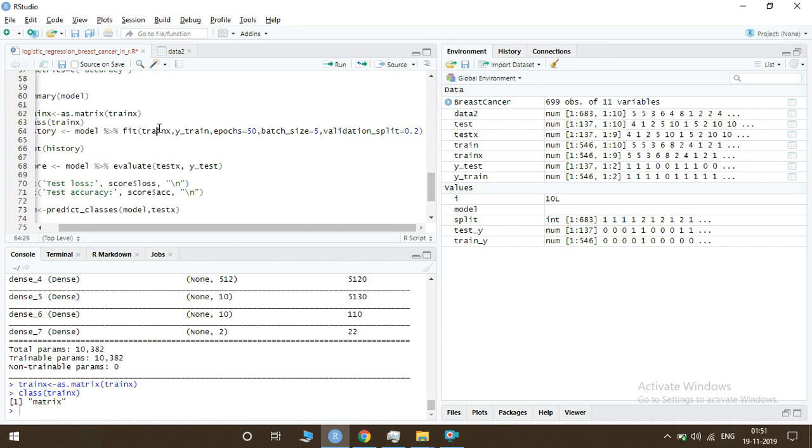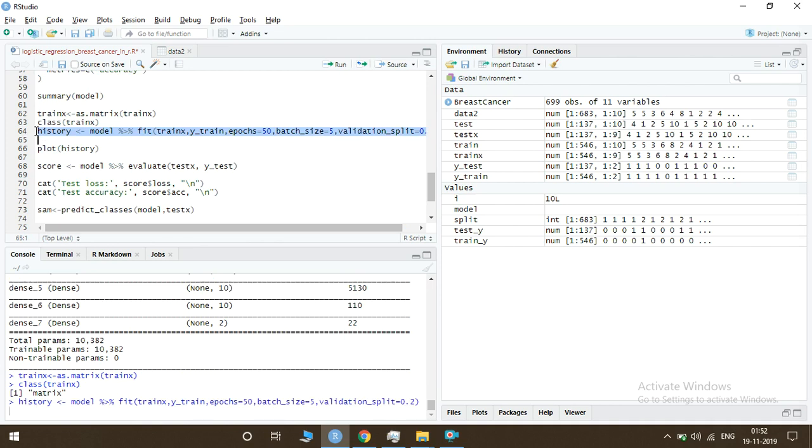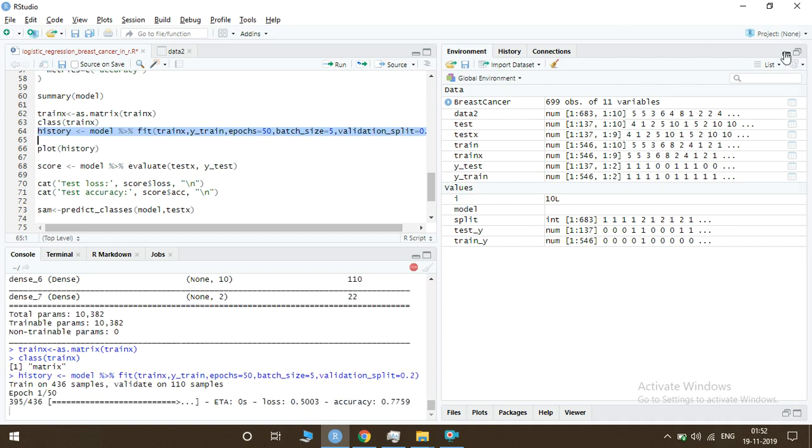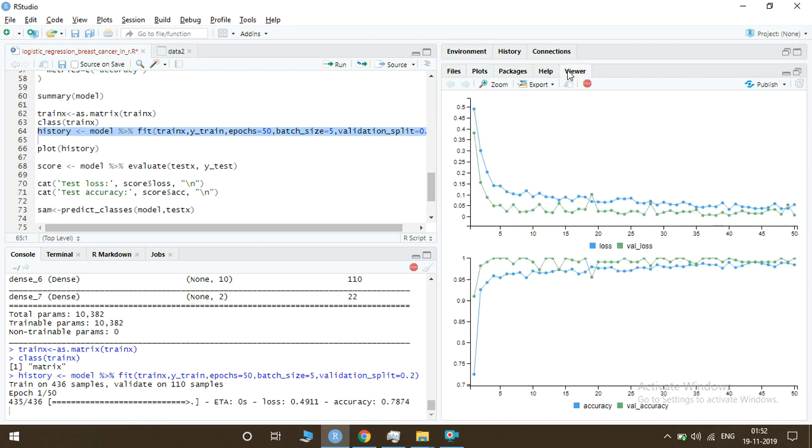That means out of this train x, 0.8, that's 80%, would be used for training, and 20% would be used for validation. Always remember, it's better if you have this validation split as 0.2. Next we have to run this command. Once you run this command, all you have to do is sit back and watch.